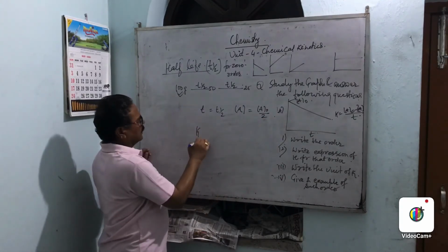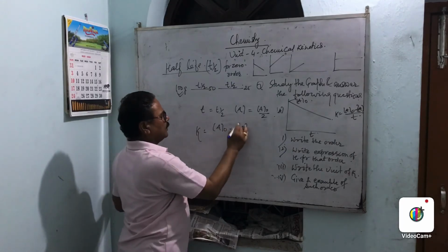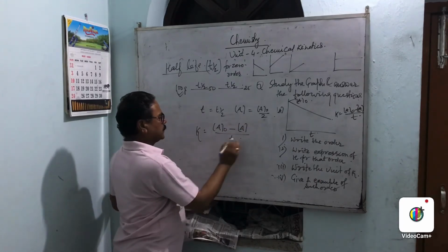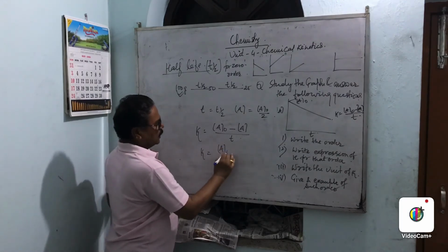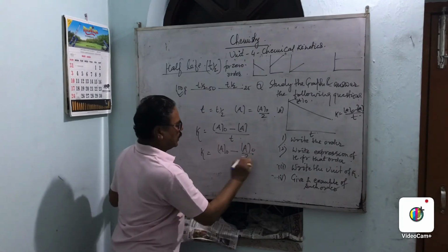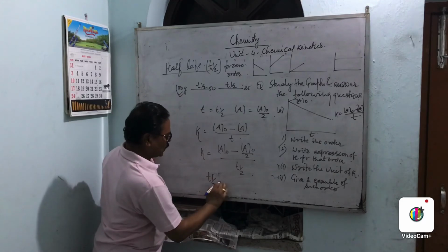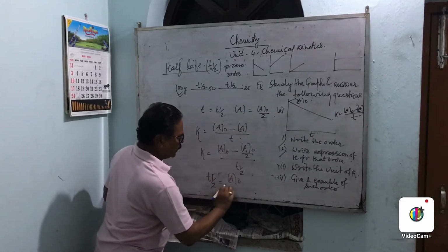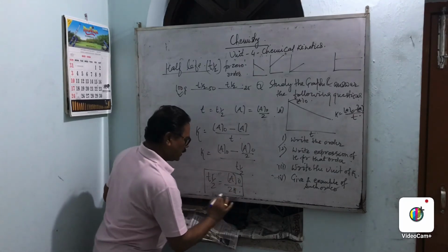So what is our final expression? K is equal to A naught minus A divided by t. So we put the values here: K is equal to A naught, and now this A becomes A naught by 2, and t is equal to T half. So T half is equal to A naught by 2K. So this is the half-life for the zero order reaction.